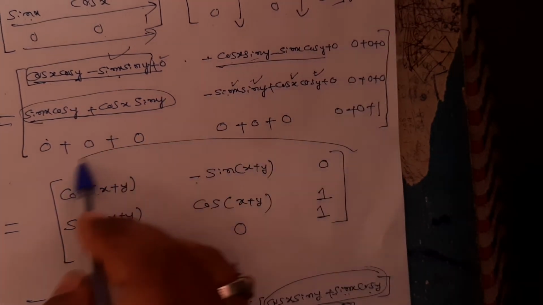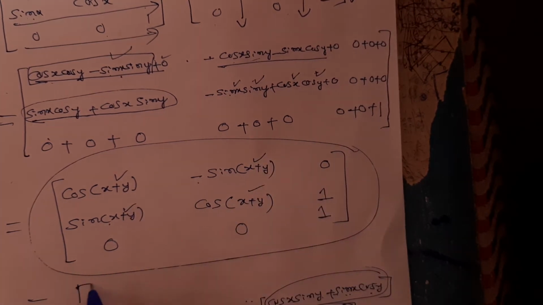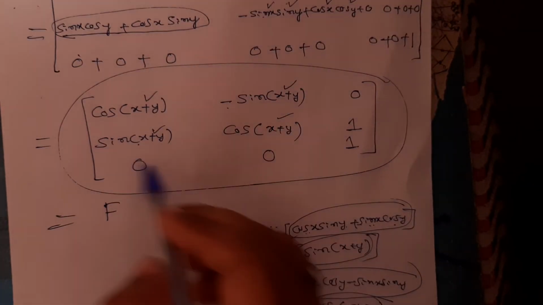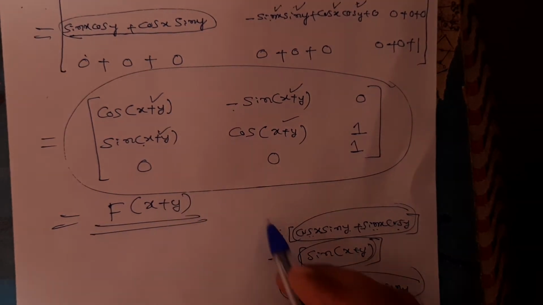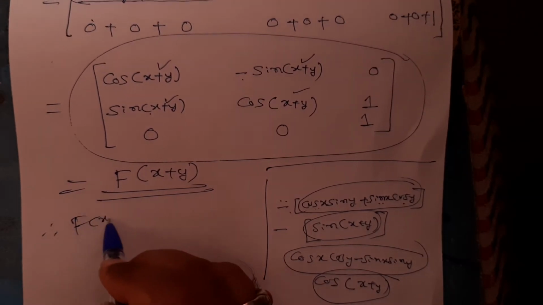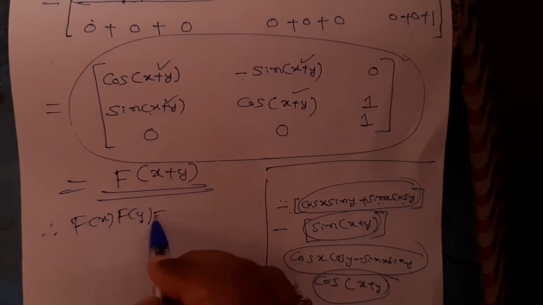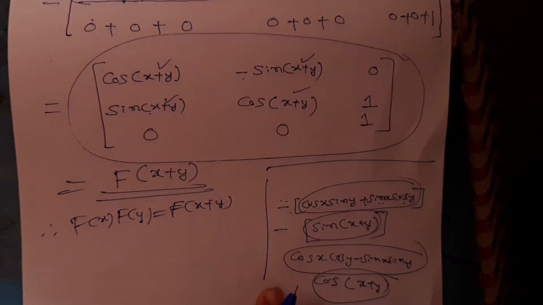So observe here, this whole thing is x plus y, x plus y, x plus y. This is nothing but f of x plus y. So what we have proved here is f of x into f of y is equal to f of x plus y.